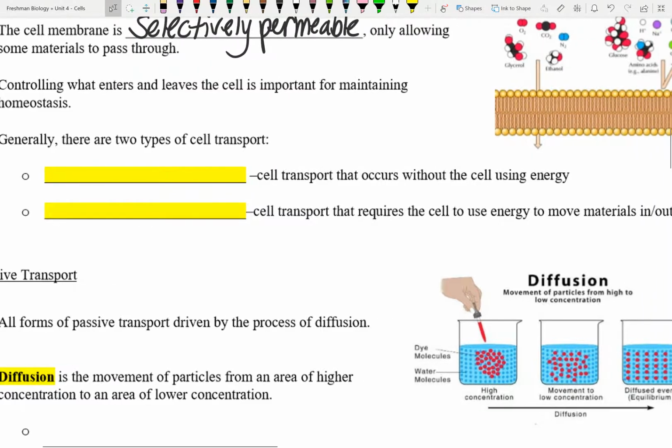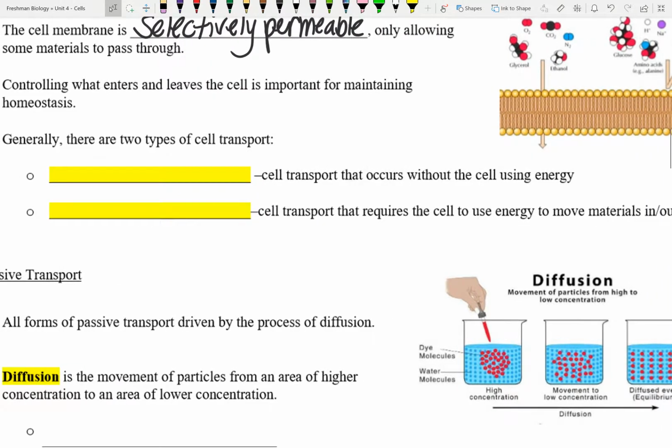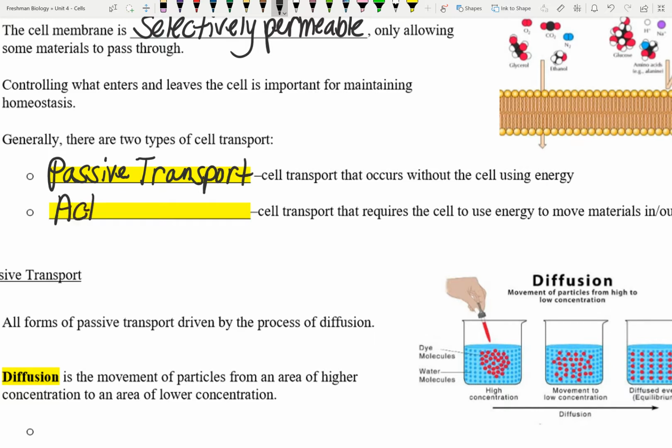And overall, there are two general terms that we use for the types of transport that occur. So when things do cross over that membrane, we will say that it's either passive transport or active transport.